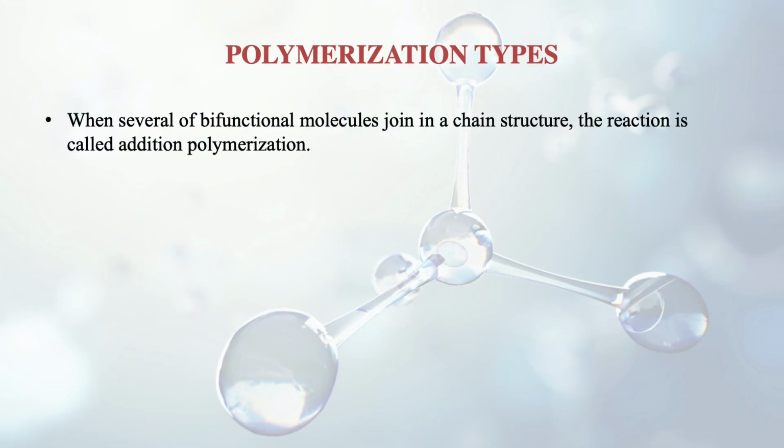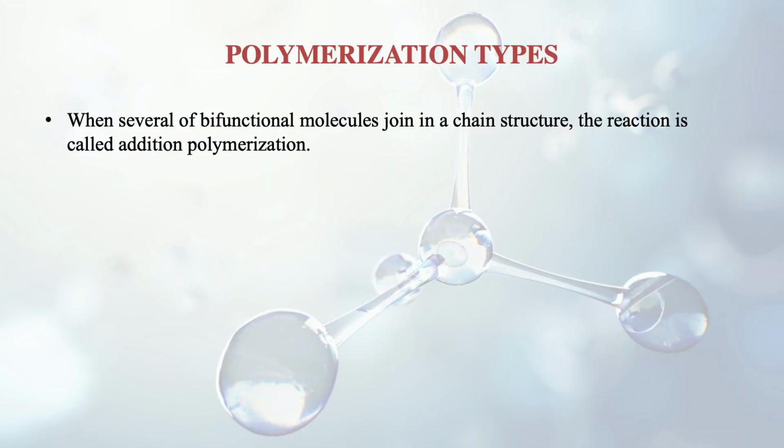Before this we discussed the polymers and the monomers. Now, what are the types of polymerization? When several bifunctional molecules, like the bifunctional and trifunctional molecules we studied in the previous session, with two active ends, join in a chain structure, this is called addition polymerization.